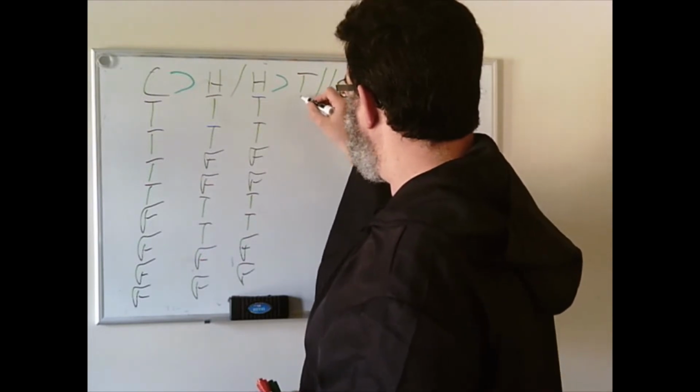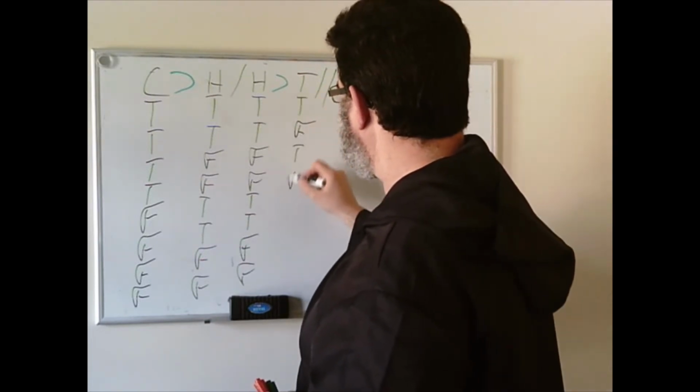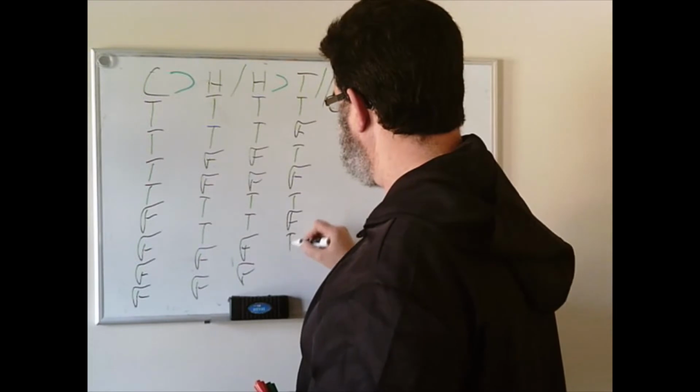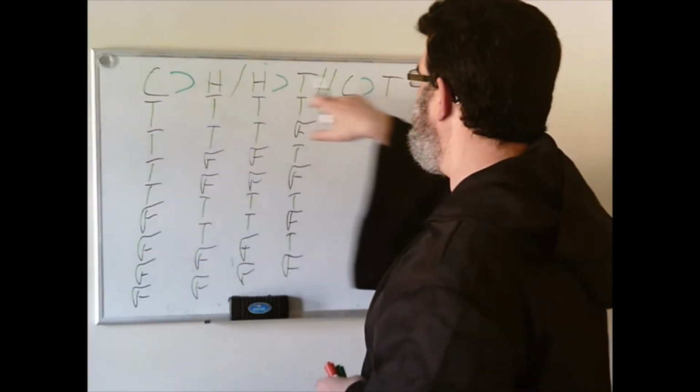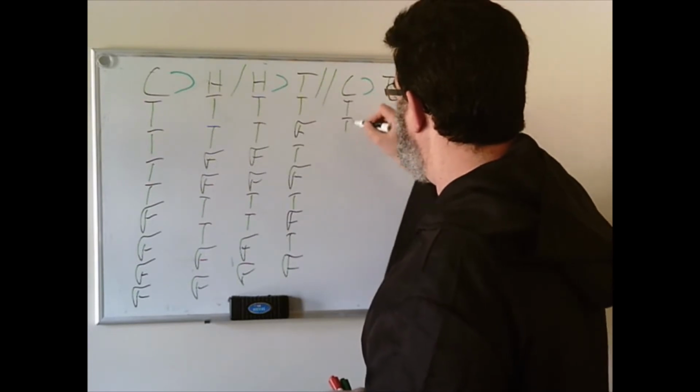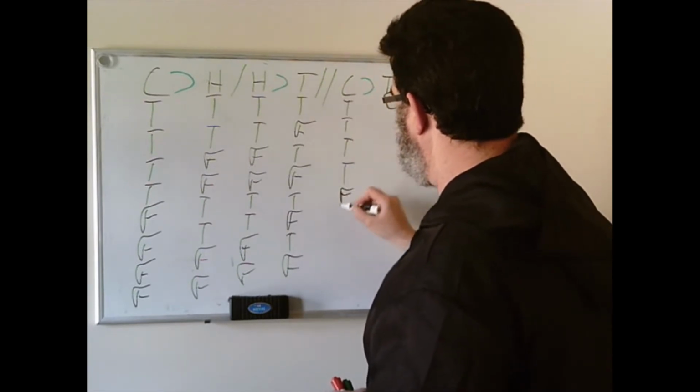And then when I get to T, I alternate and then I'm done. But when I get to the conclusion, I'm using the same combinations.